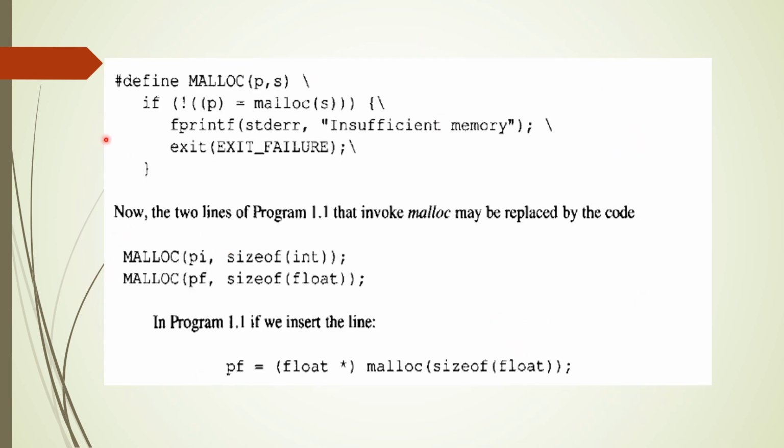So this particular slide shows the use of macros. In the previous slide, we studied how the malloc function works. As I already mentioned, malloc is a built-in function. Whenever the function gets executed, the control goes to the place where you have the definition of that particular function, and then it will execute all the instructions, and it will come back to the place from where it has been transferred.